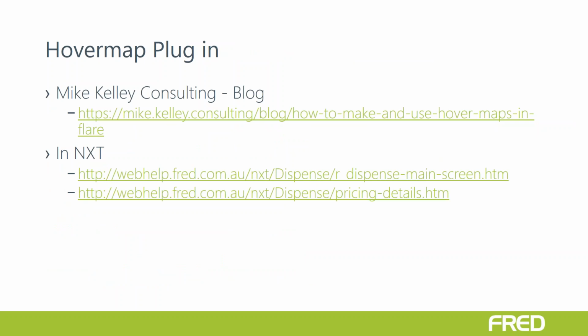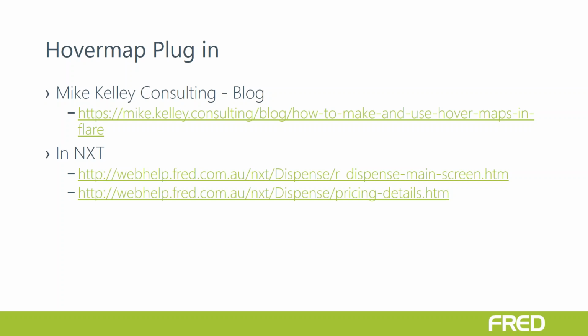Good, I think I'm just on time. The other thing I wanted to mention is Mike Kelly's Hovermap. I have used it extensively, and I have found it quite a notable improvement on the native image map feature, I think it's called, which resides in Flare, and it's allowed us to present a lot of complex information. Some of our screens are a little bit busy.